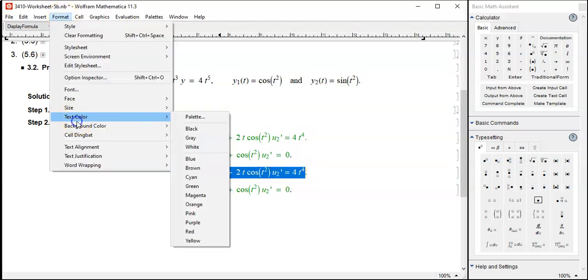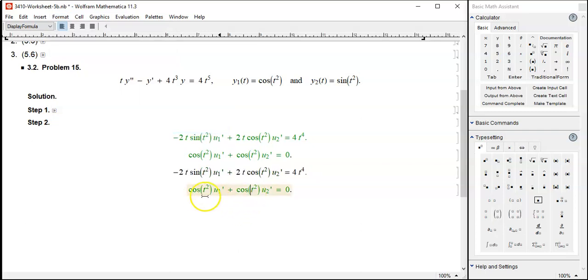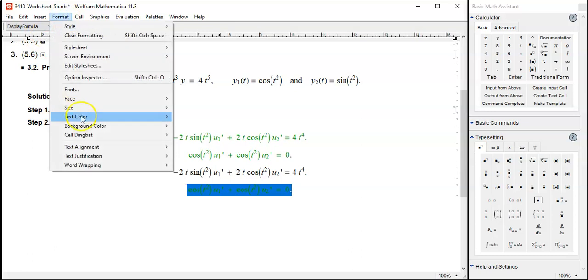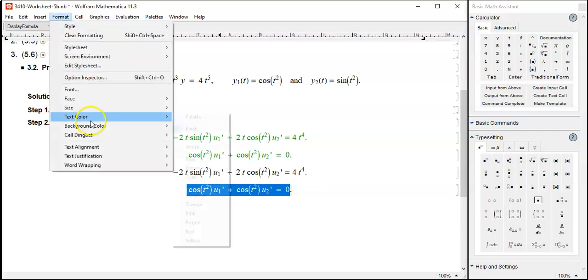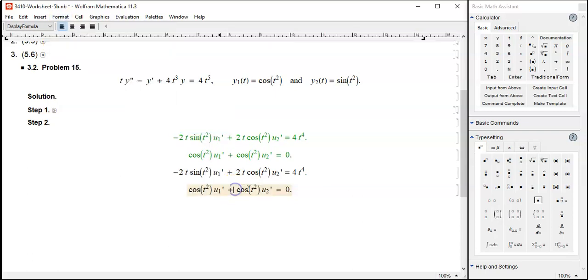Okay, I don't want black anymore, I don't want green anymore, so let's go back to my usual color. Okay, multiply by cosine t squared.